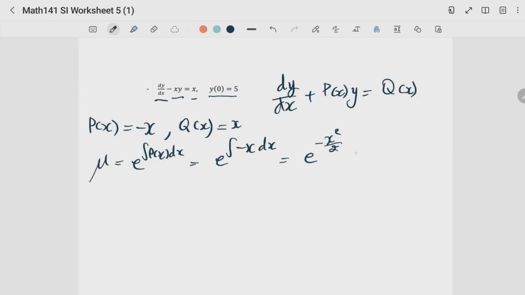Then y is therefore equal to 1 over mu, which is 1 over e to the negative x squared over 2, multiplied by the integral of e to the negative x squared over 2 times q, which is x dx.